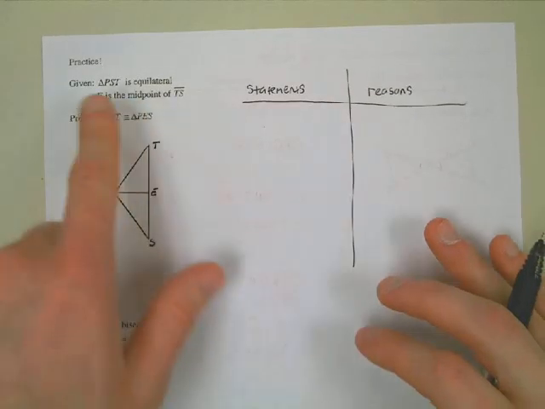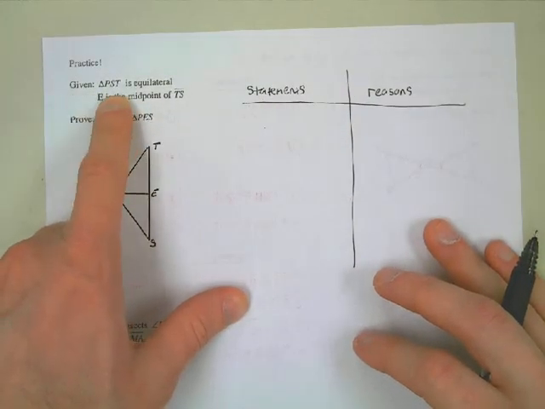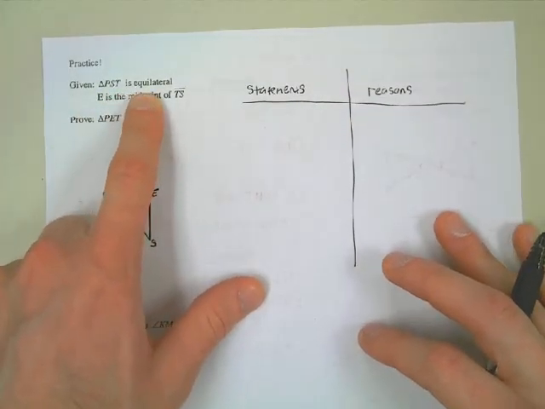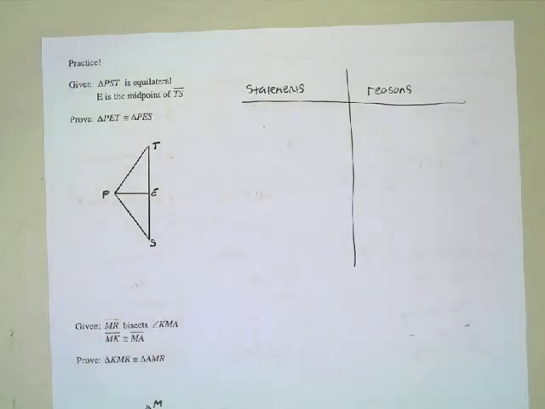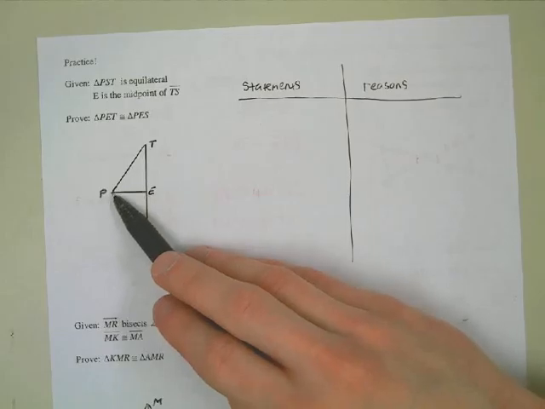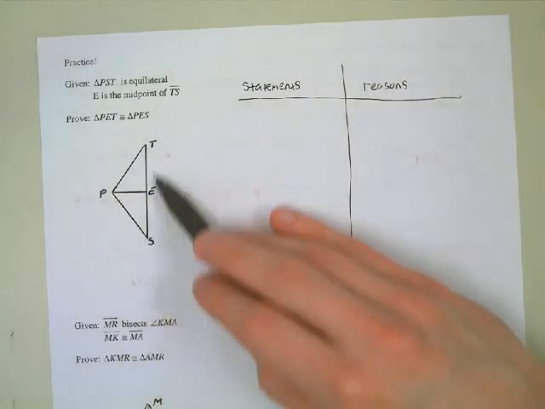So let's start here. So the given information is that triangle PST is equilateral. What does it mean for a triangle to be equilateral? All the sides, right, are equal. So all the sides of this big triangle PST are equal.